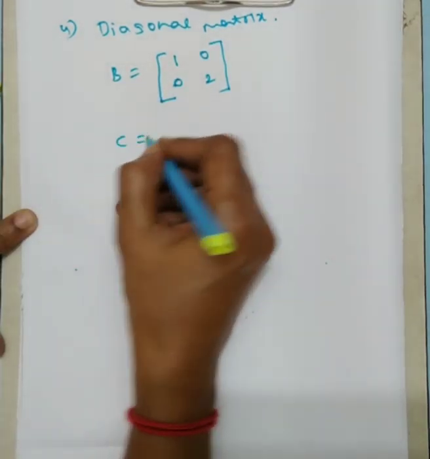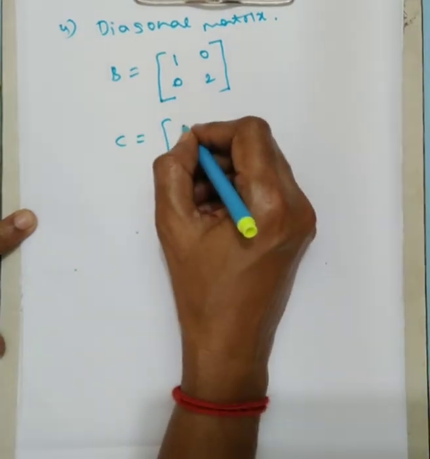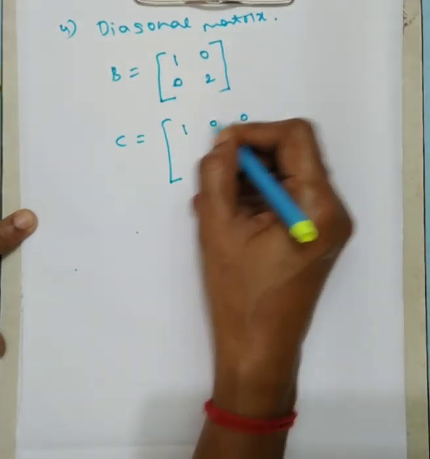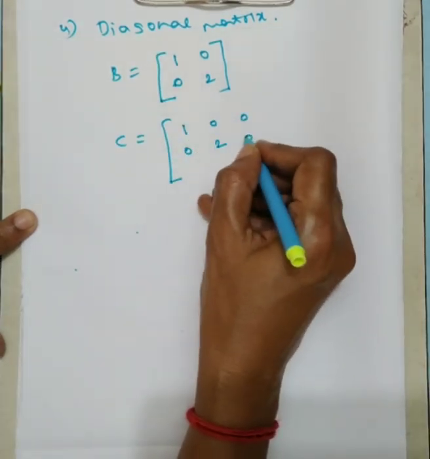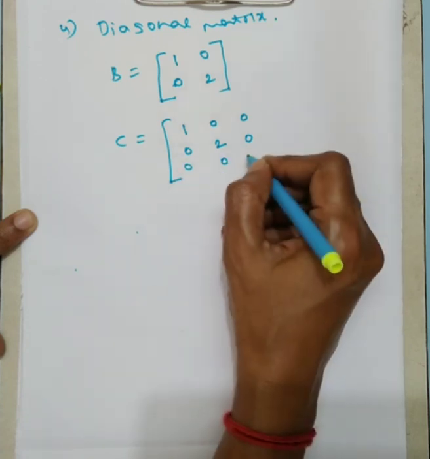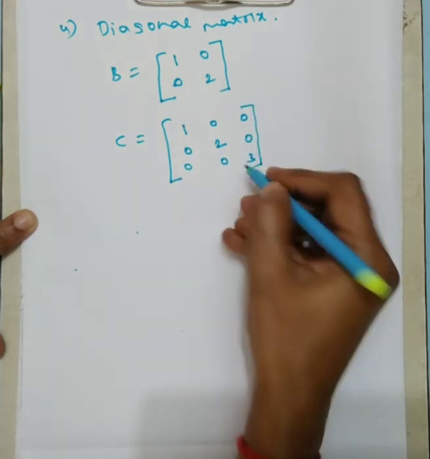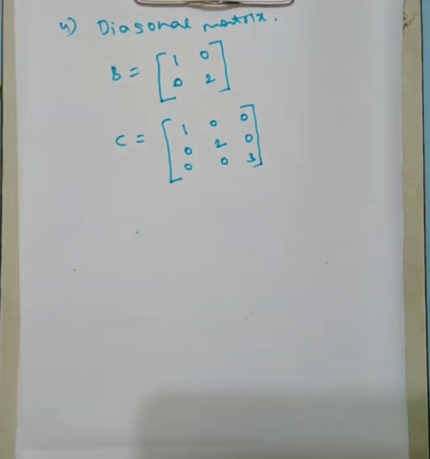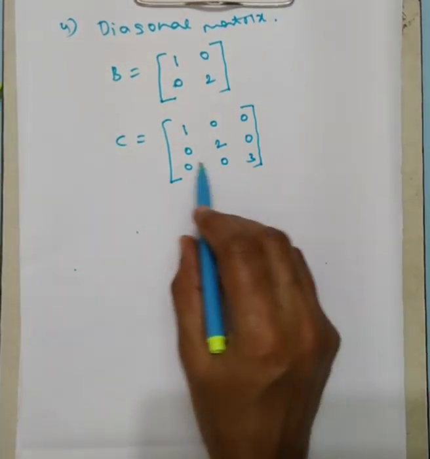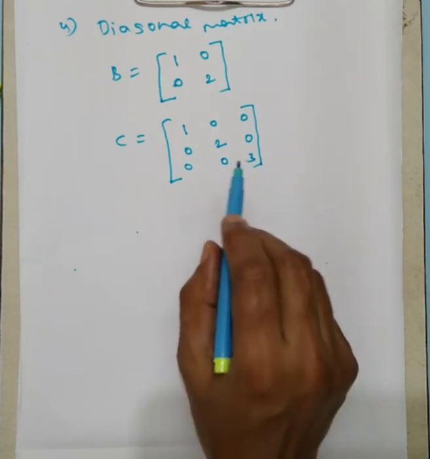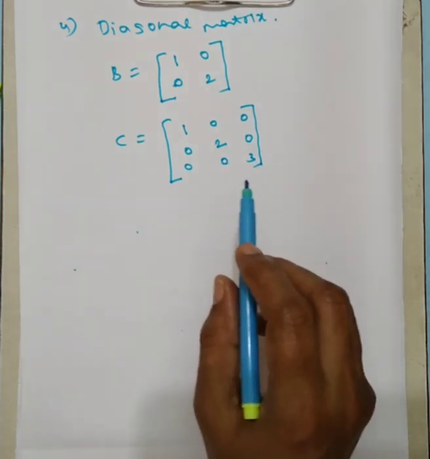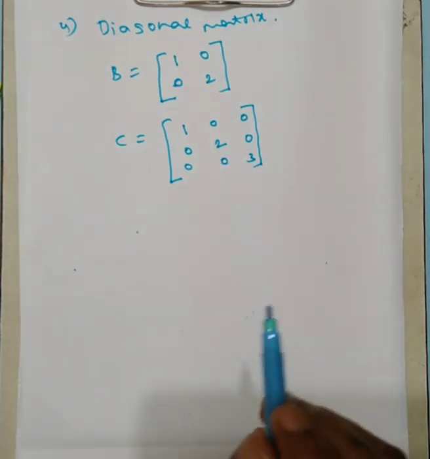Now let us take one more example. Say here 1, 0, 0, 0, 2, 0, 0, 0, 3. So this is also an example of a diagonal matrix. When we say it is a diagonal matrix, first of all it should be a square matrix.